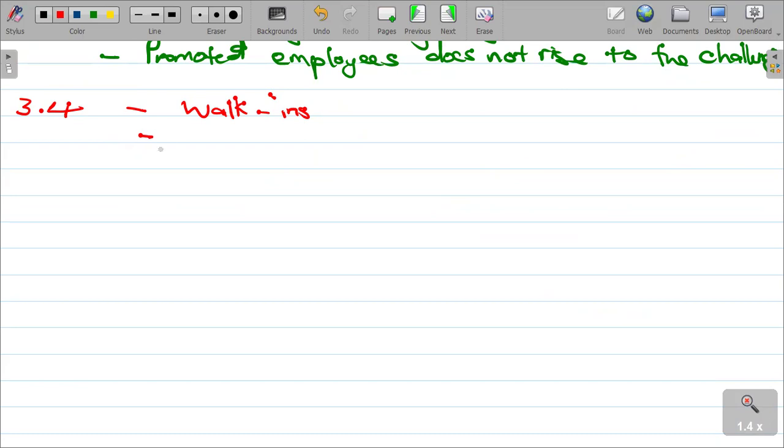We also have referrals. Those people who were referred by their relatives and friends, right? And then there is also what we call campus recruitment, whereby companies will go to a university or a college to recruit candidates.